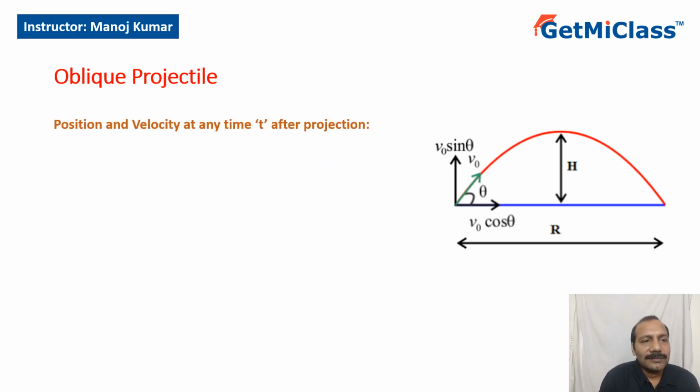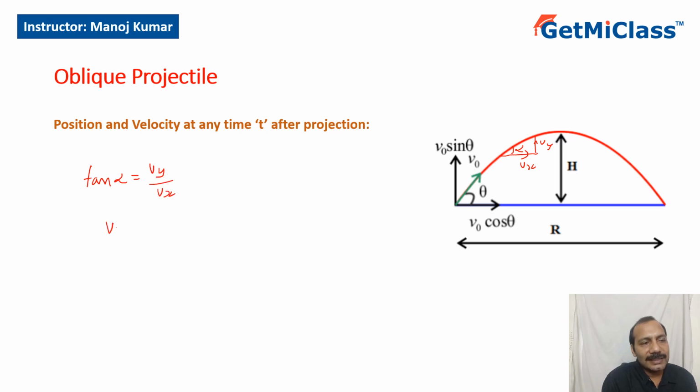After that, when we talk about position and velocity, the next thing that we have to see is what is the angle that the projectile makes at any time t. Let's say at this point it makes an angle alpha. Now this is Vy and we know this is Vx. Vy can be upwards or downwards depending on which time we are considering. So I can write tan alpha equal to how much? Vy by Vx.